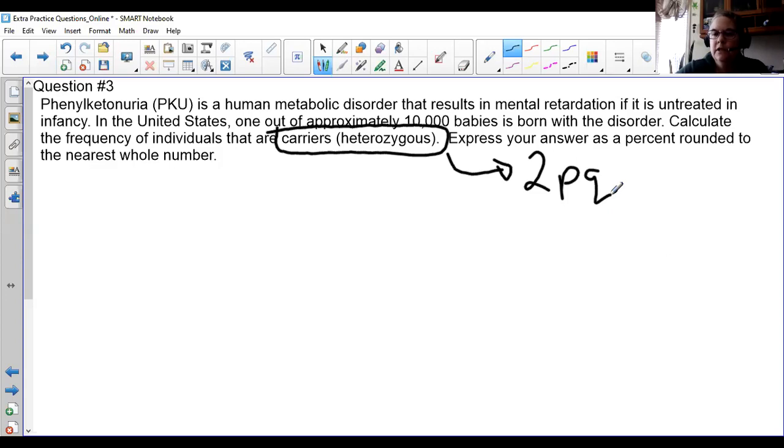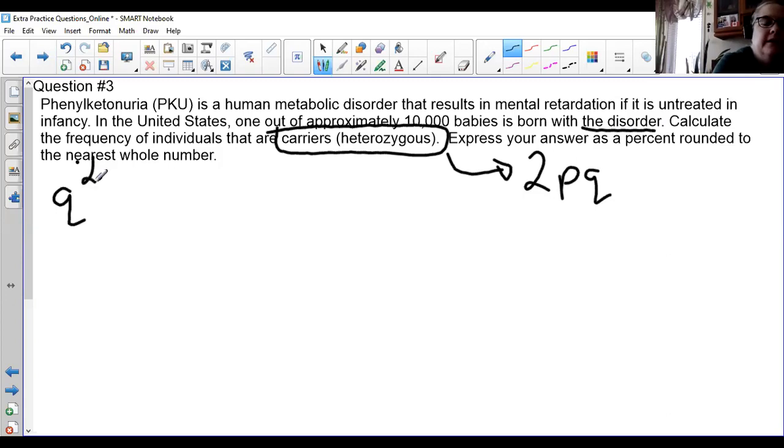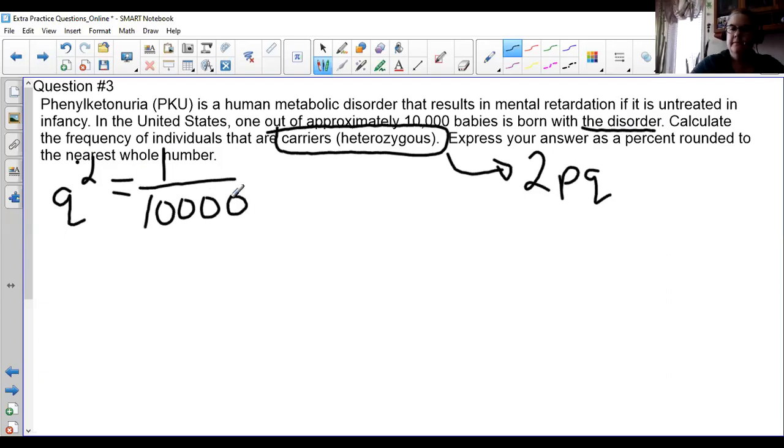Awesome. Good. So I can see, because they tell me that people have this disorder, they have the recessive trait, 1 out of 10,000. So q squared is equal to 1 out of 10,000. Okay, next step.